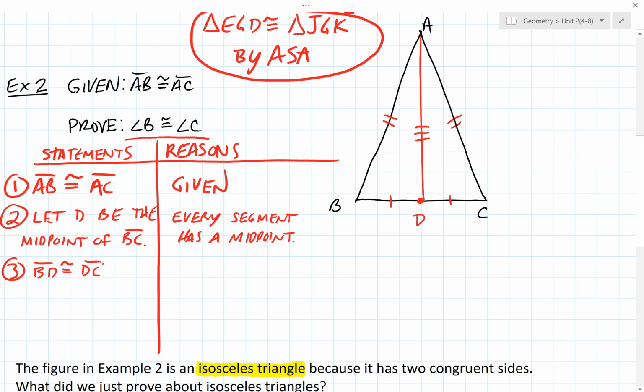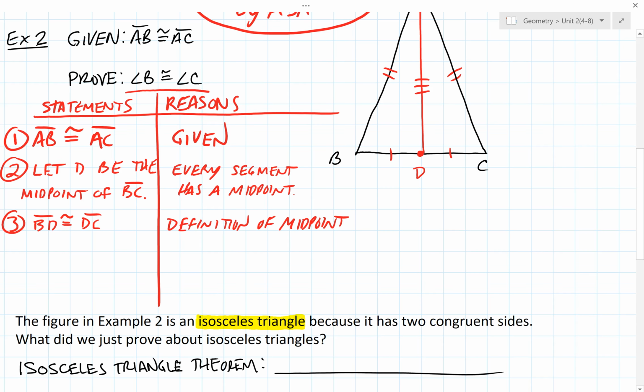What would be the reason for that? Okay, Adam? That's correct. Definition of a midpoint. So we said in the step above that it was a midpoint, and so the definition of a midpoint tells us that the two pieces have to be the same.